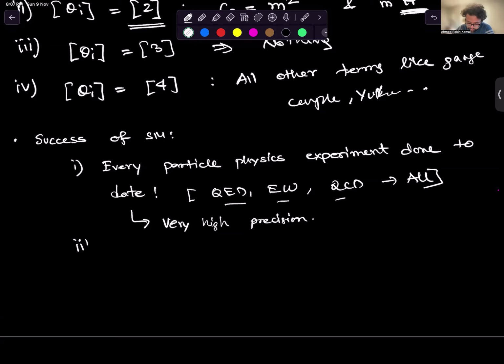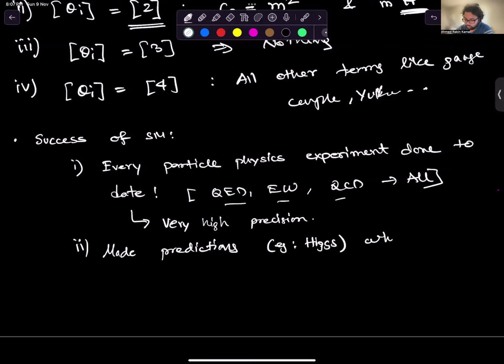And of course, it makes predictions, or made predictions. For example, the Higgs, which was later confirmed by experiments.